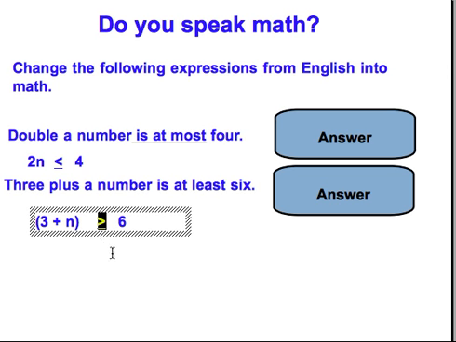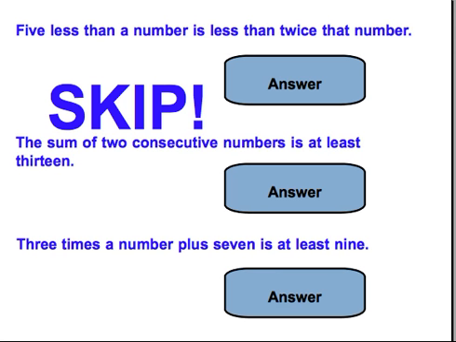So therefore, it's going to be a greater than or equal to. So 3 plus a number is at least 6 translates to 3 plus a number is greater than or equal to 6. Please write skip on the top of slide 222. We're going to go over these in class together tomorrow.